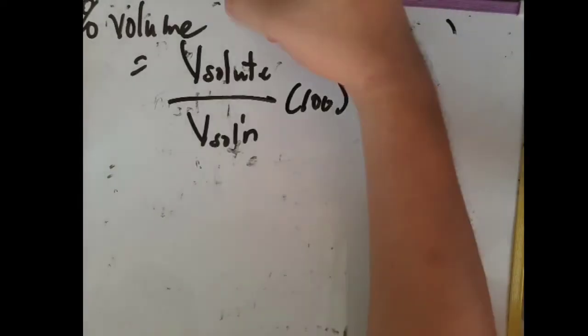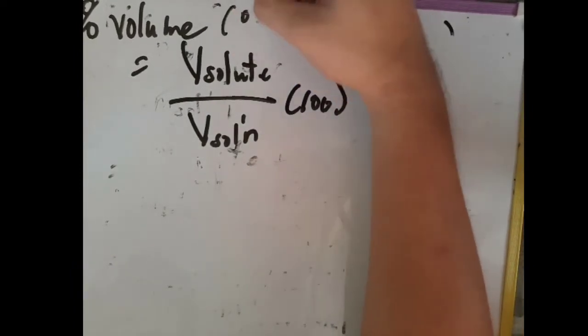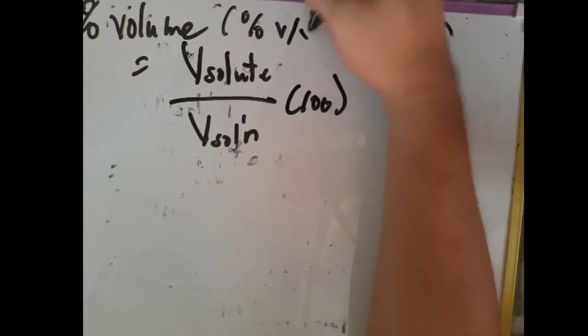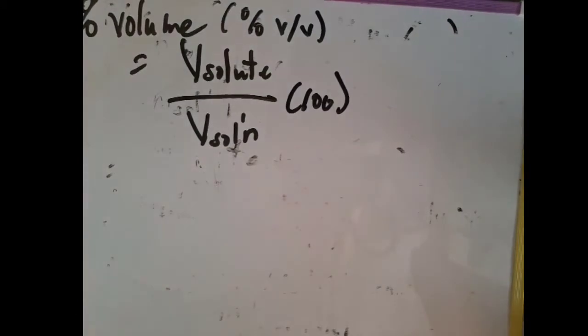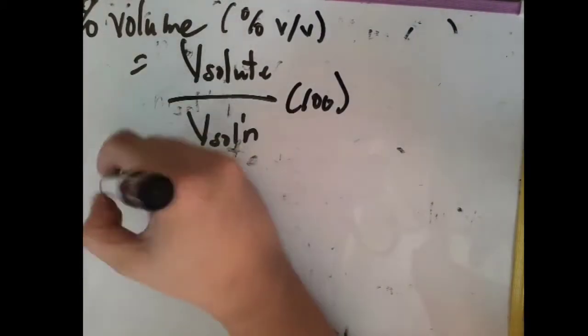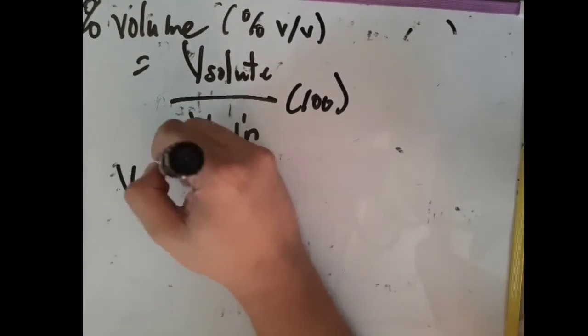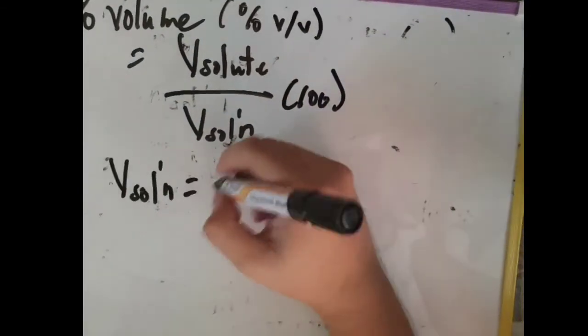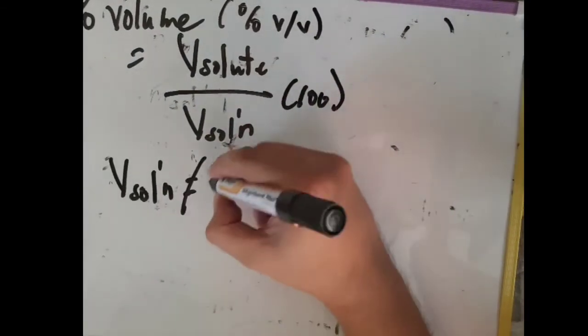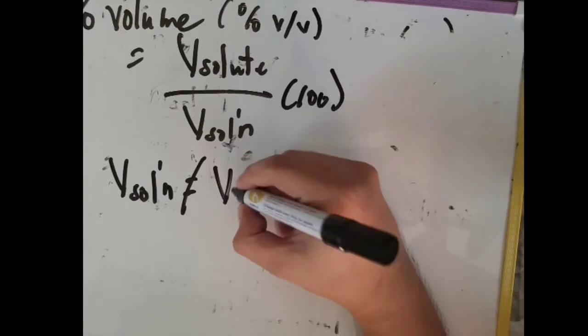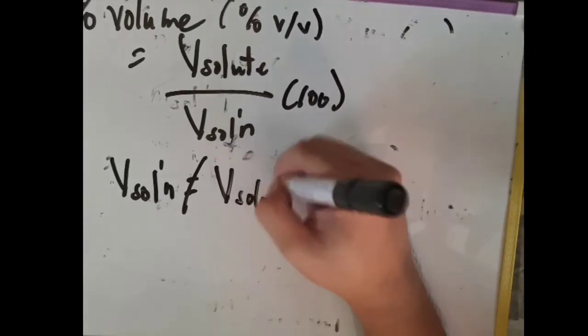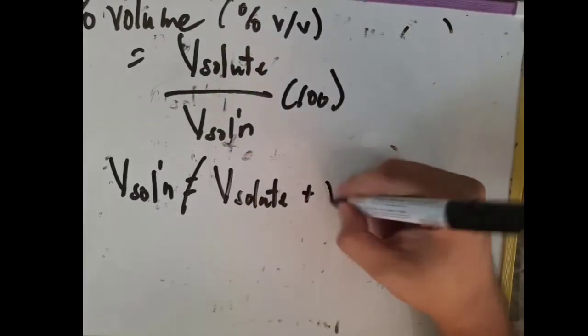This is also expressed by some as percent volume per volume. Now, unlike percent mass, the volume of the solution is not equal to the sum of the volume of the solute and the solvent.